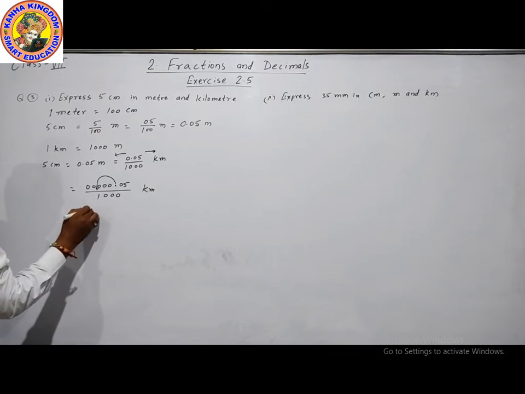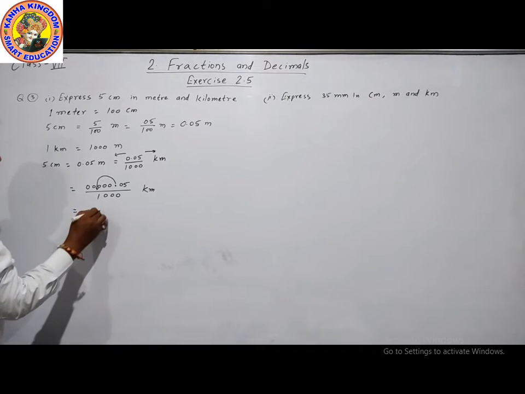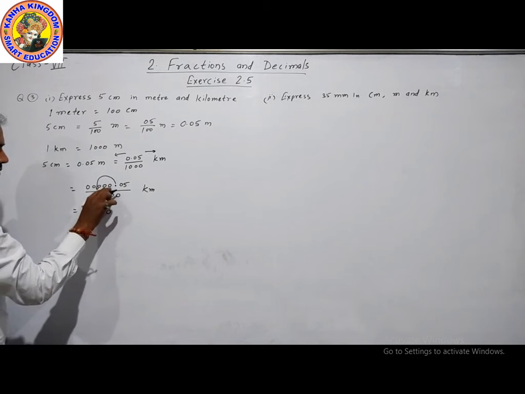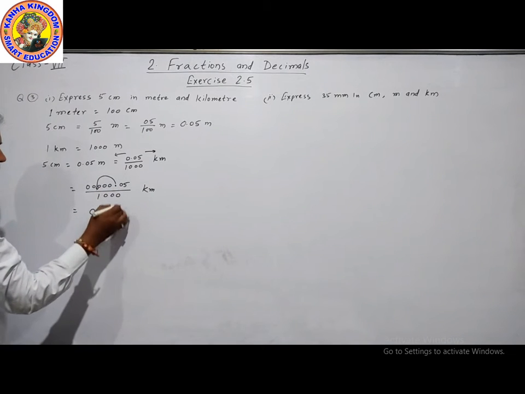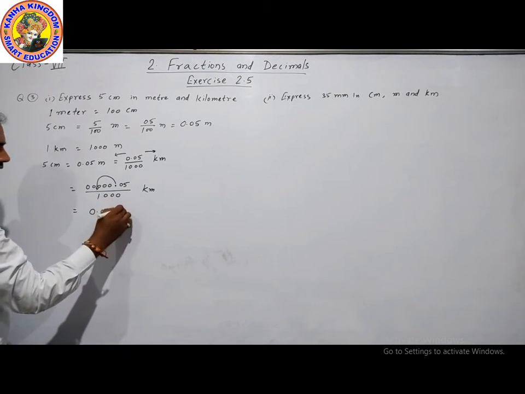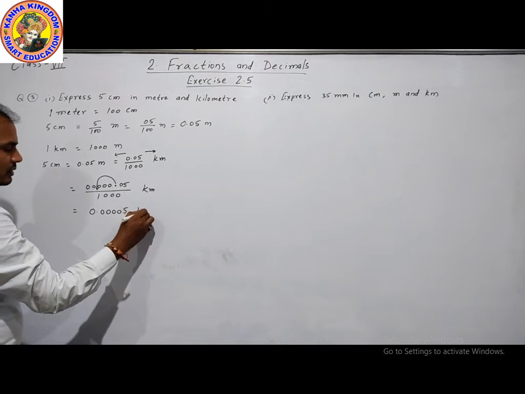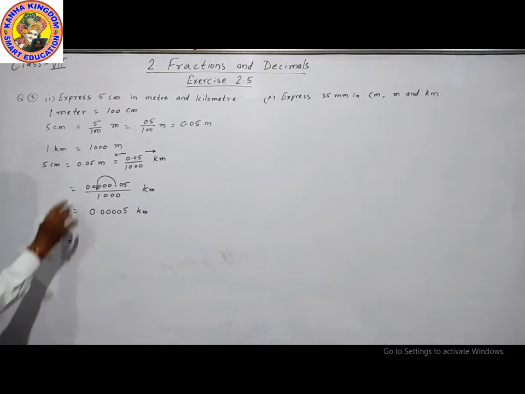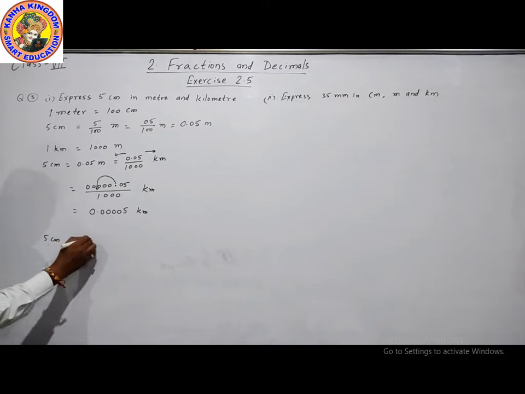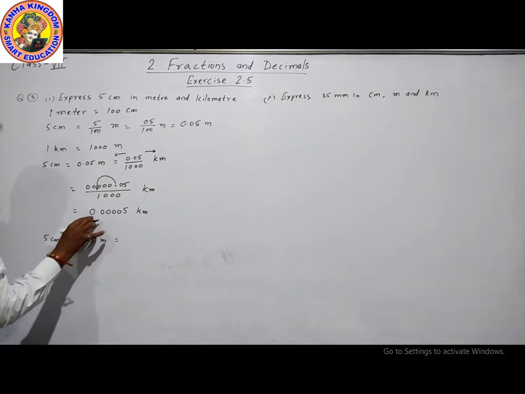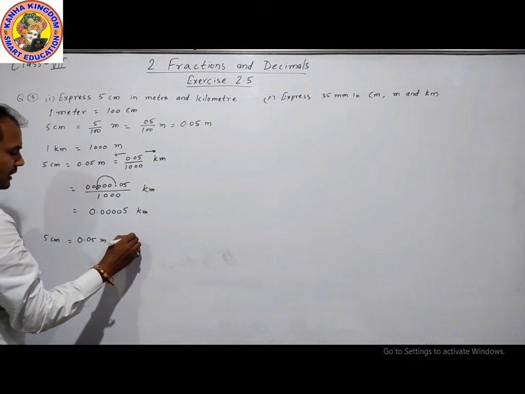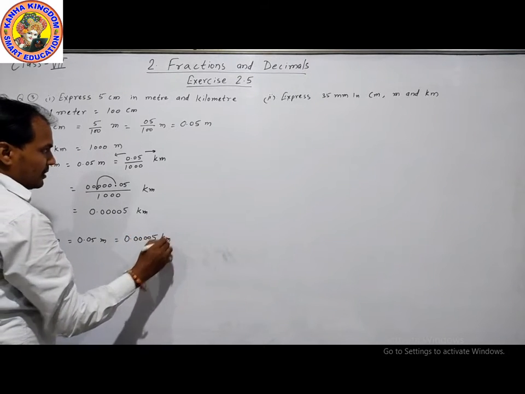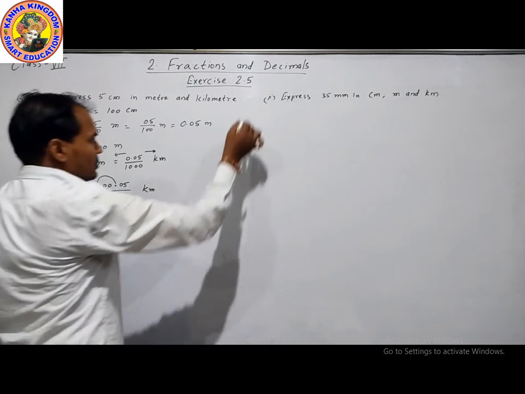So the answer is 0.00005 kilometer. So the complete answer is 5 centimeter is equal to 0.05 meter is equal to, in kilometer, 0.00005 kilometer. This is our solution.